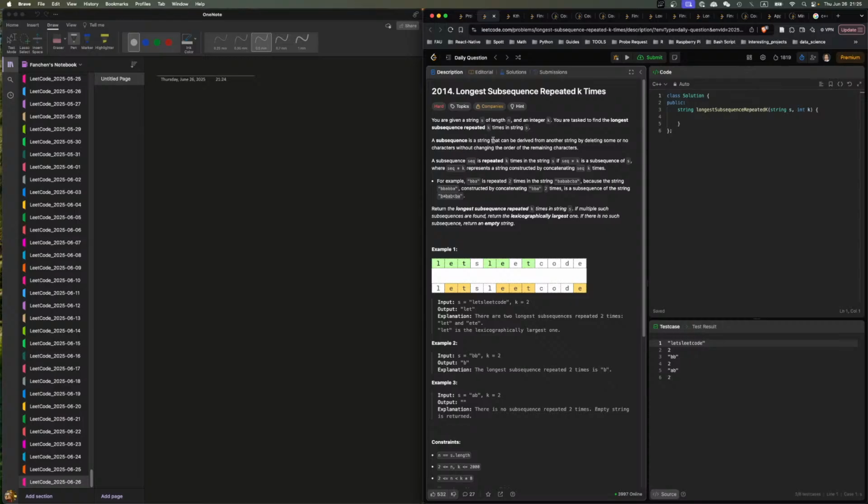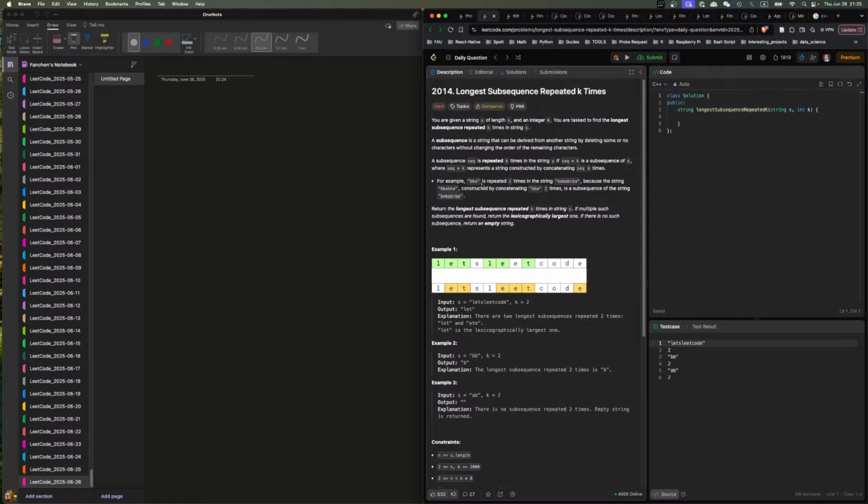A subsequence, we know what a subsequence is, derived by deleting characters. A subsequence is repeated k times in the string s if the sequence times k is a subsequence of s, where this represents a string constructed by concatenating this one k times.